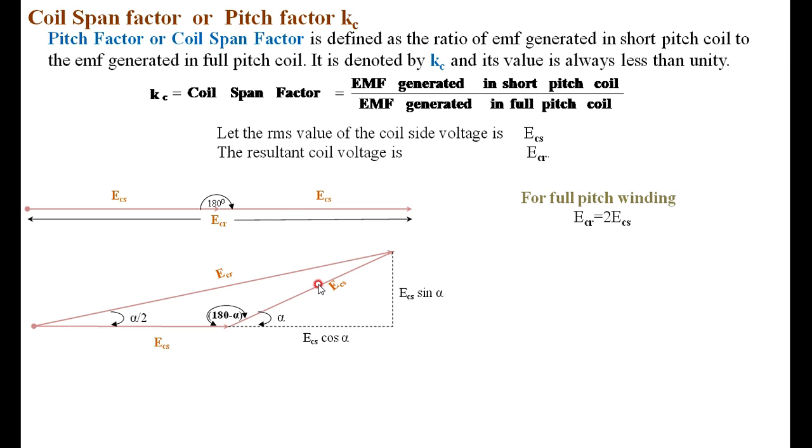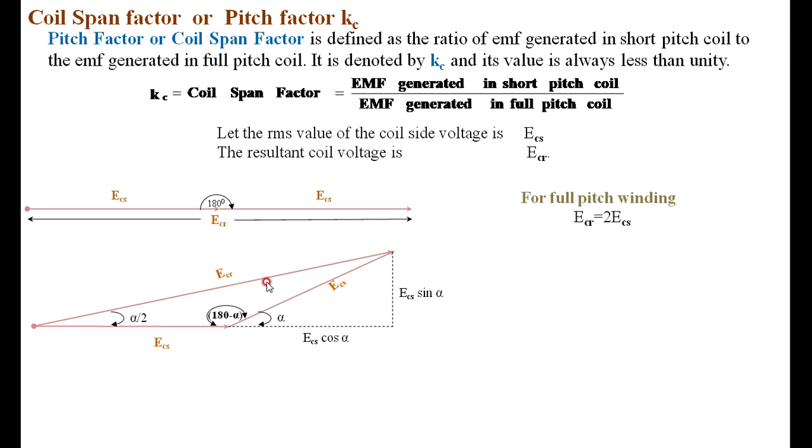Now, consider this particular triangle. It has two equal sides, ECS and ECS. Therefore, the angles opposite to the equal sides are equal. That is this angle and this angle, because opposite to this side is this angle, and opposite to this side is this angle.